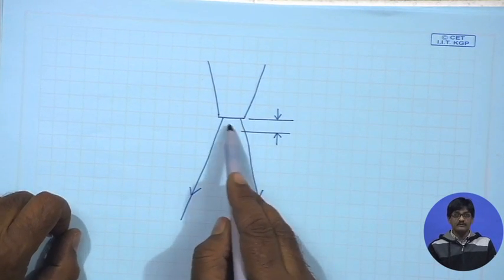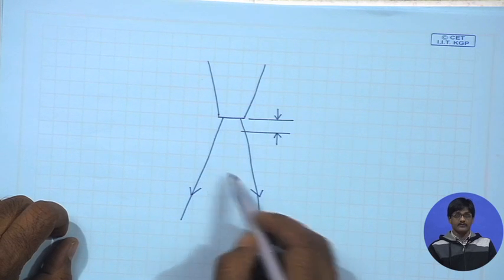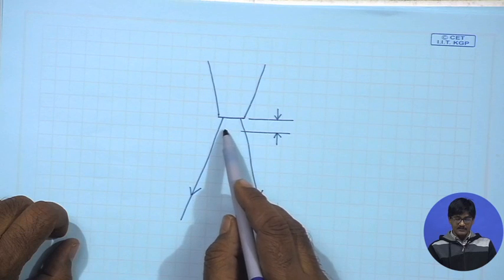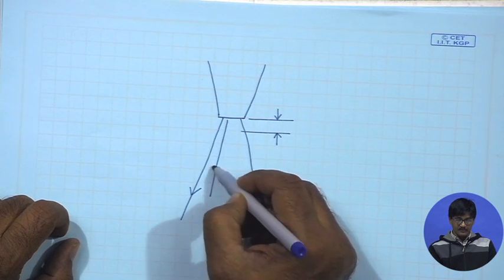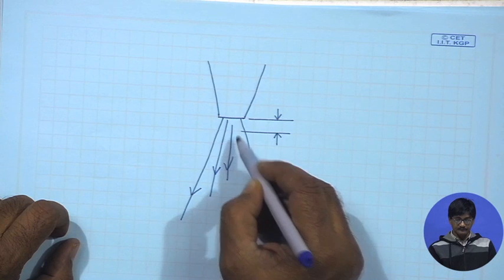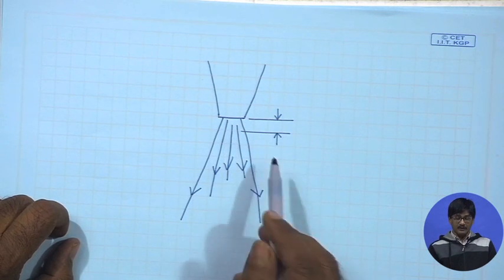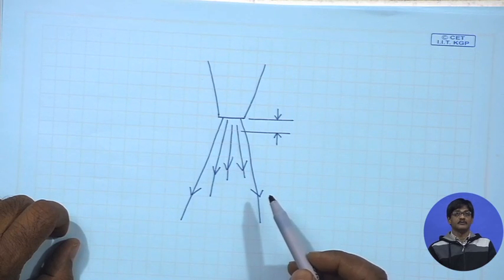If it is circular output, it becomes larger and larger in diameter. Why? Because due to viscous effects, as this becomes slower and slower after expansion, therefore due to continuity it becomes larger and larger in diameter.